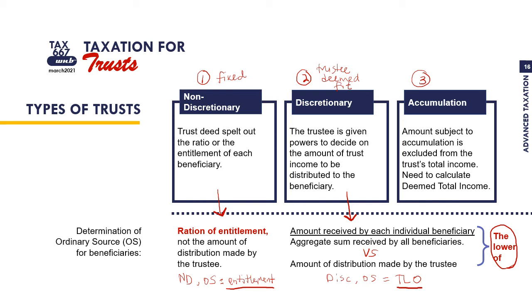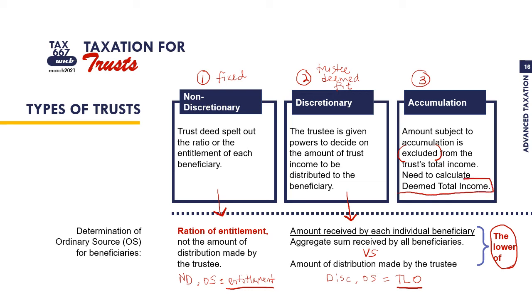For example, I want to set aside 10,000 a year of income for my child until he reaches 18 years old. That is already an accumulation trust. For accumulation trust, the amount subject to accumulation is excluded. So you need to remove it first from the trust total income. There is a need to calculate deemed total income.